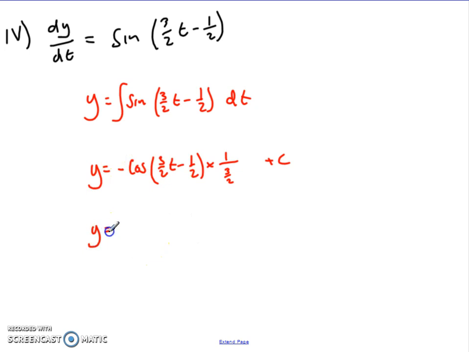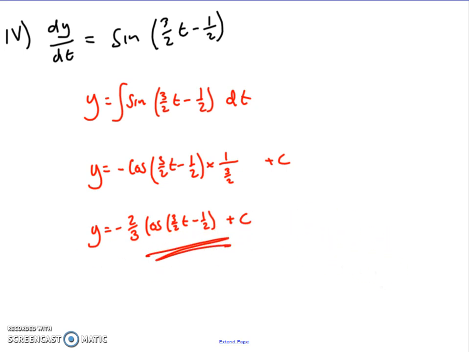Once you've done that, Bob's your uncle, you're finished. 1 over 3 over 2 is the same as flipping the fraction, so that becomes 2/3, but it's minus. So we write minus 2/3 cos of 3 over 2t minus a half plus c, a constant of integration.